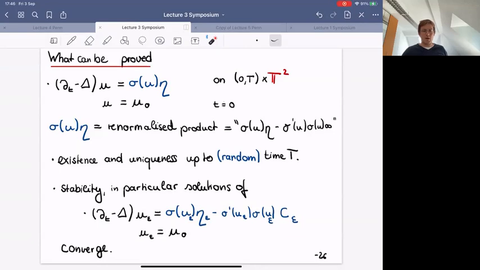In particular, this method allows you to prove that if you do the epsilon approximations, you do converge to the limit.